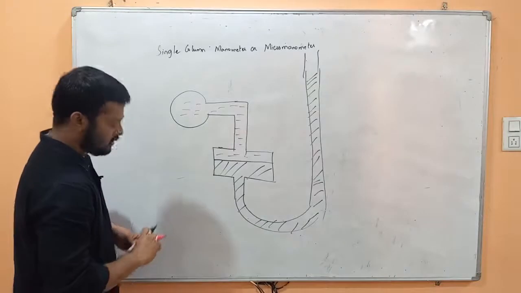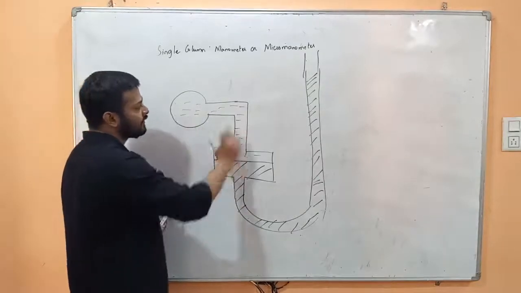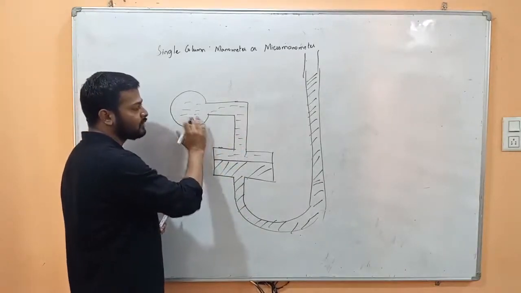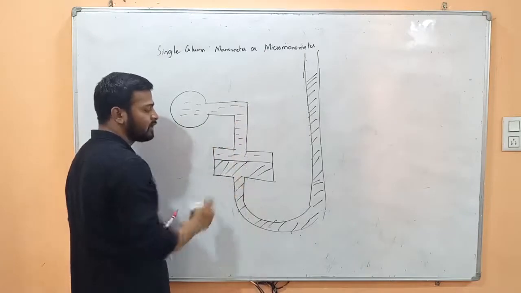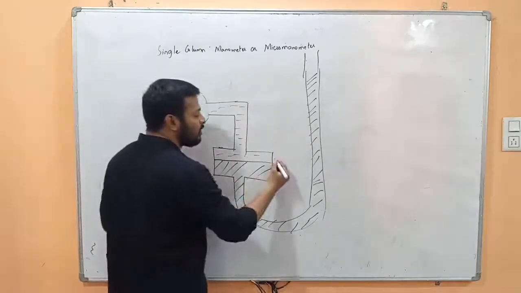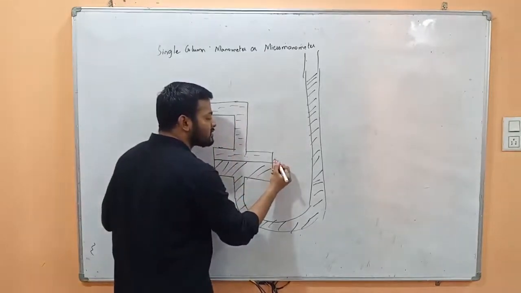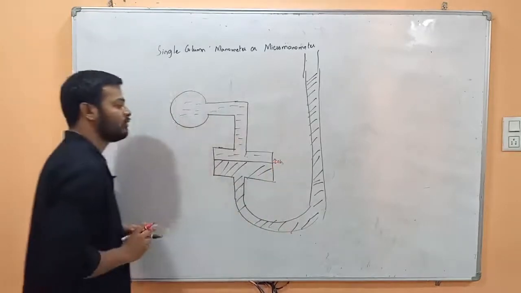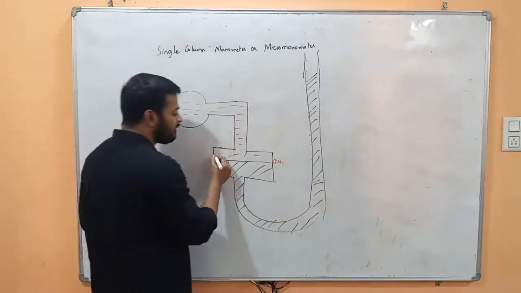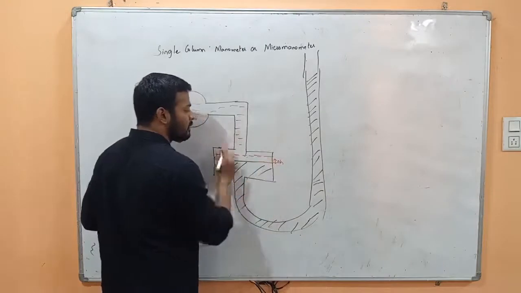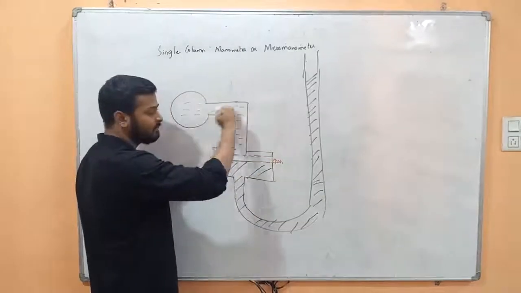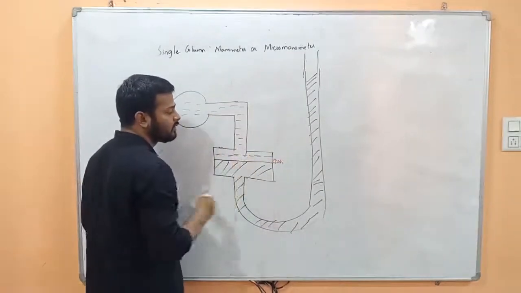So let's say after it has been connected to a pipe, it pushes down the level of mercury, and the drop in the level of mercury is, let's say, delta H. That's the drop in the level of mercury, because we connected it to a pipe and the pipe pushed down this mercury level.